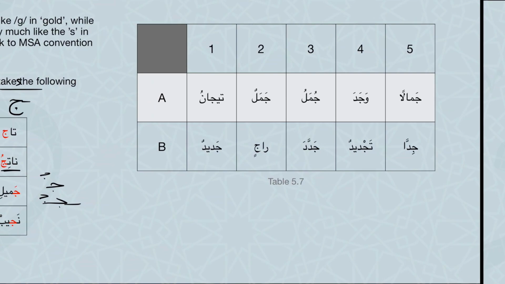So, row A. I don't think the letter Jim has any issues. Anyone wants to take row A?